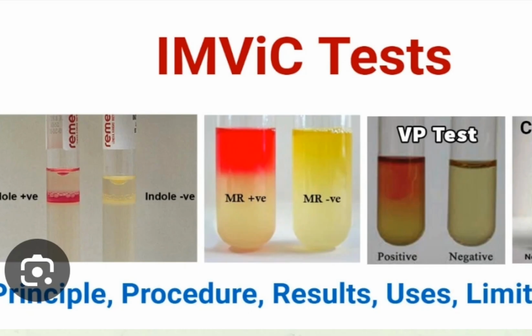These are the things that we need to know. A red color indicates positivity. If you don't have any color change, or you have a color that looks like copper, then that is negative and the bacterium does not produce acetoin. That means it's possible that the bacteria engages in mixed acid fermentation.